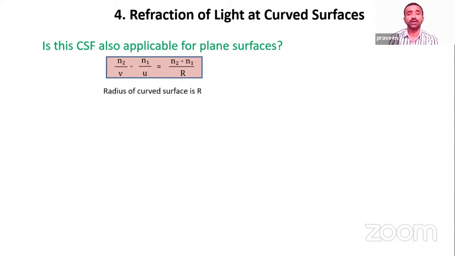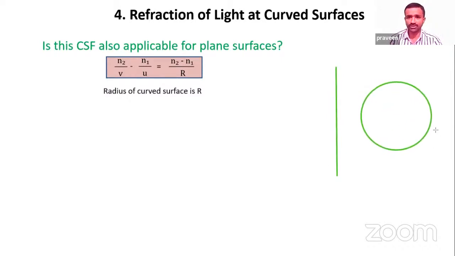Now, what is the radius of curvature of a plane surface? Are you able to measure it? For a curved surface, we have a radius of curvature, maybe taken as some unknown value r, from the center to the boundary. It is simple to measure r for a curved surface.